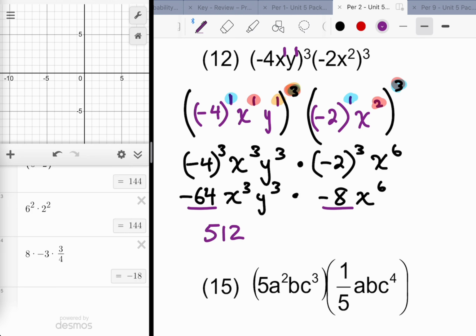Keep the base, add the exponents. X to the ninth. There's nothing to pair with the y to the third, so that just comes along for the ride. And that would be our solution there.